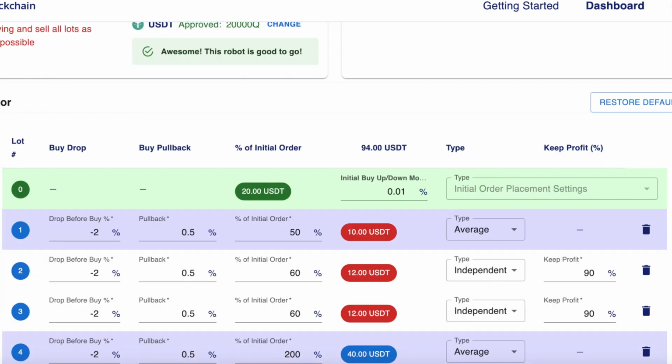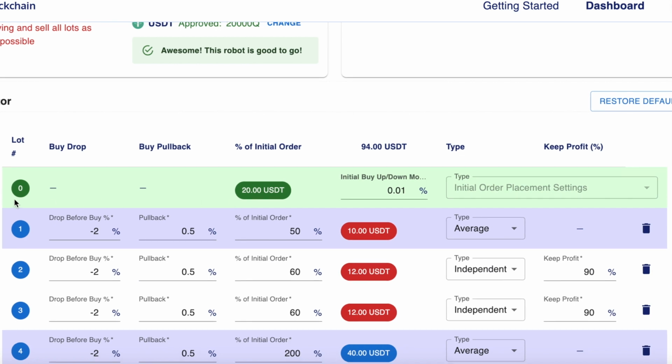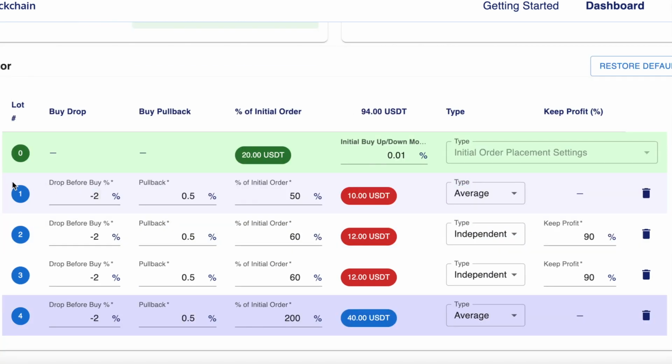Now, let's say that the robot buys this first lot, which is the first one of $20, and the price goes down. The robot will now move on to lot 1. Now, the price has got to drop by at least 2% before the robot triggers the next buy order. But it's also looking for a pullback. Well, that pullback is the opposite to the retracement.